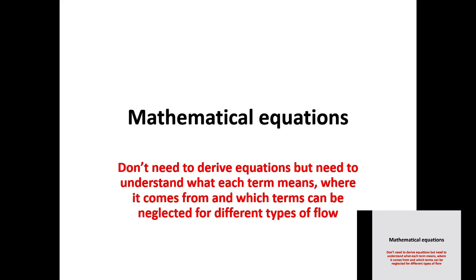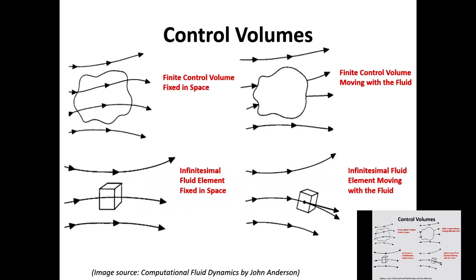You don't have to derive the equations, but you need to understand what each term means, and you need to know which terms can be neglected and which terms are important. Then we talk about something called control volumes.